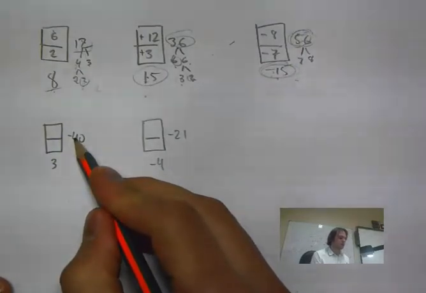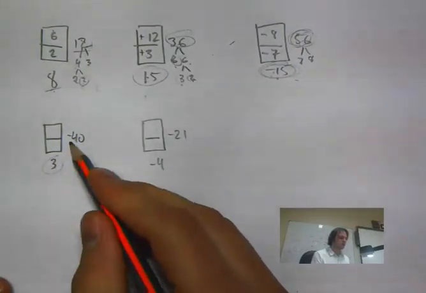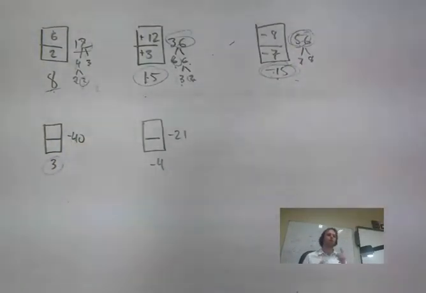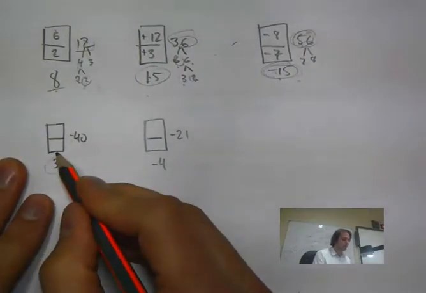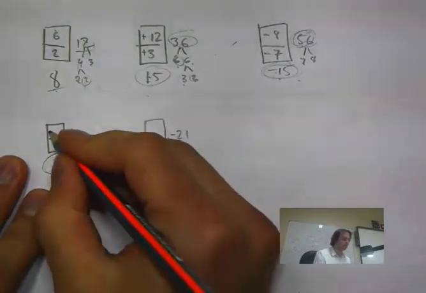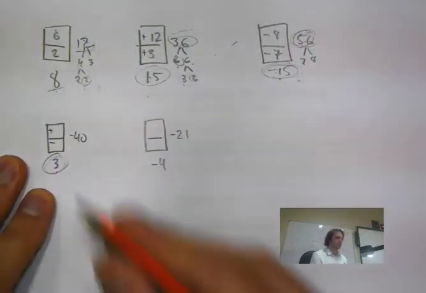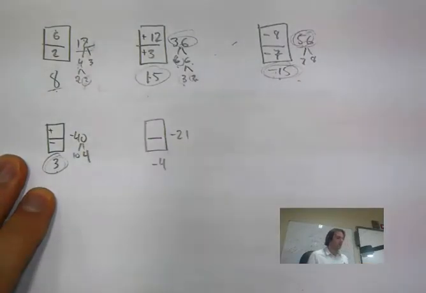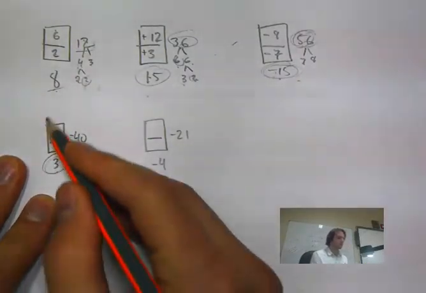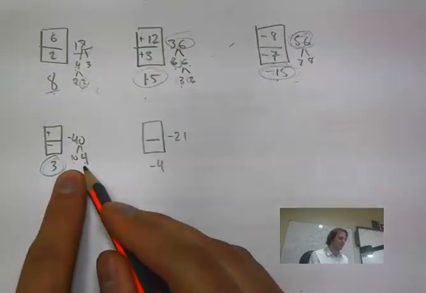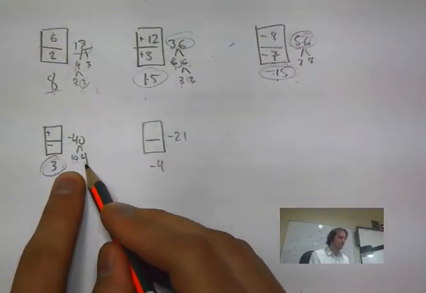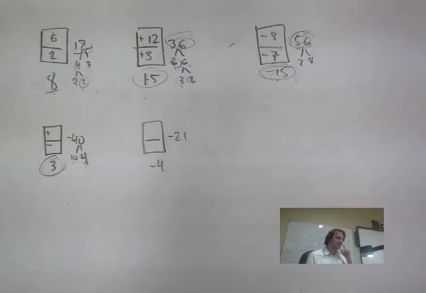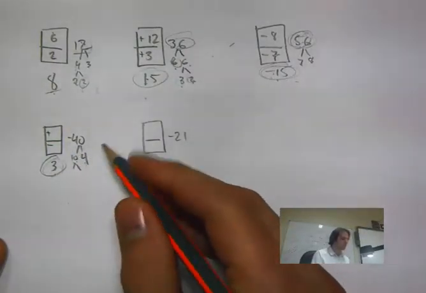Okay? Let's take a look at this next one here. Negative 40. And this is positive. And that's negative. So that means one of them being multiplied together must be a negative. And we know from this that the bigger one is a positive. Okay? So I'm going to break this down. We have 10 and 4. Now the difference of this is 6. This is going to mean there should be a difference. If I added a positive 10 to a negative 4, that gives me 6. Well, that's not going to work, so we have to break one of these down a bit more.